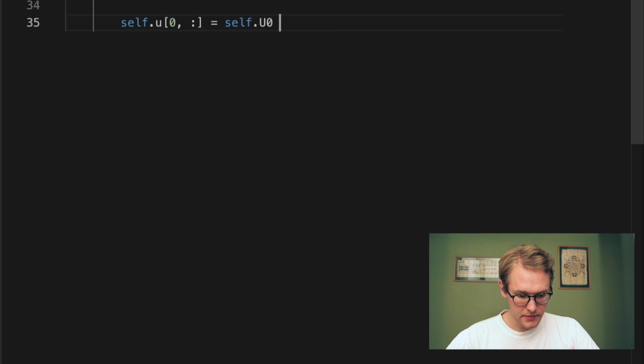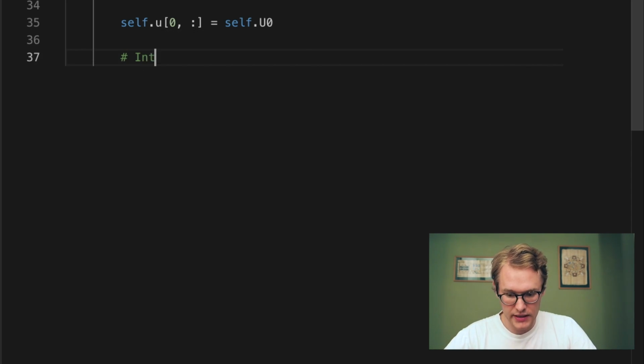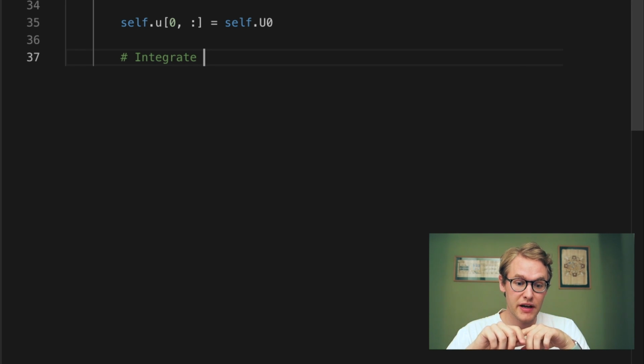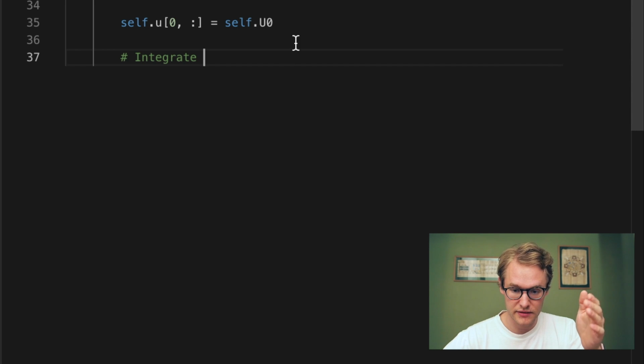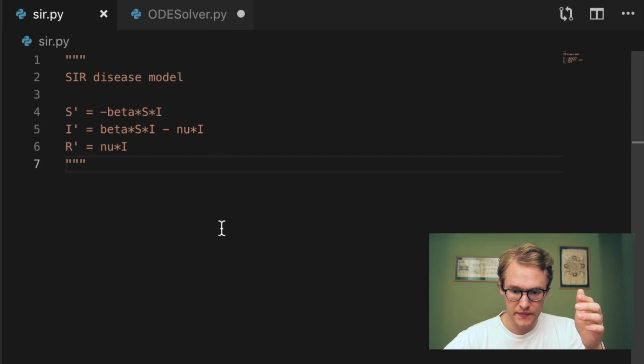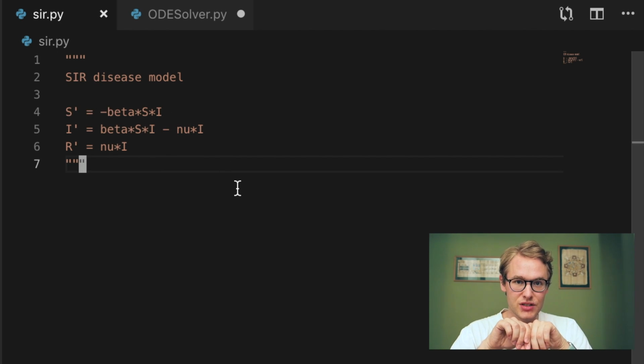Yes. And now we need to integrate, because these are differential equations. So because we have a derivative on the left hand side, we need to integrate these, and an integration is really just multiplying by a time interval that's very, very small.